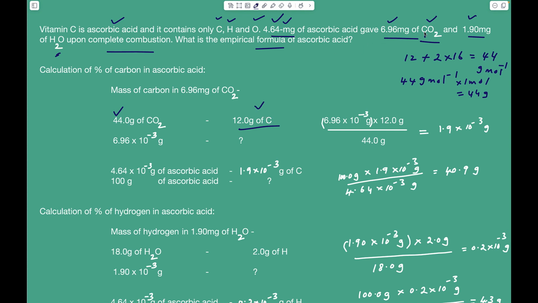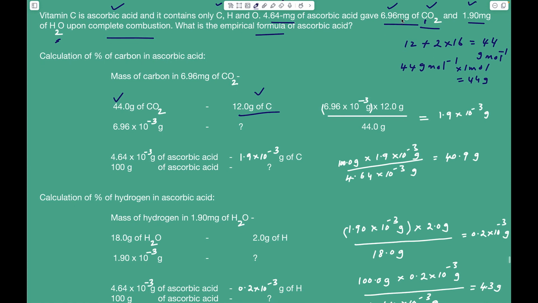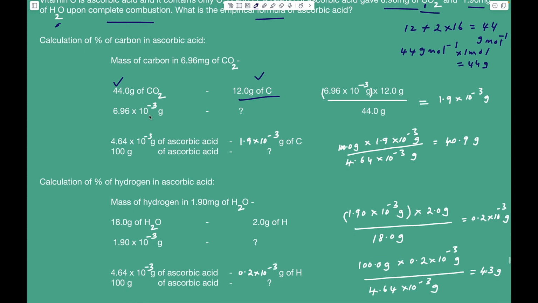Then how much carbon is present in 6.96 milligrams of carbon dioxide? First you have to convert milligrams into grams. To do that, you have to multiply this number with 10 to the power of minus 3. 1 milli is equal to 10 to the power of minus 3. Then you know how to solve this.